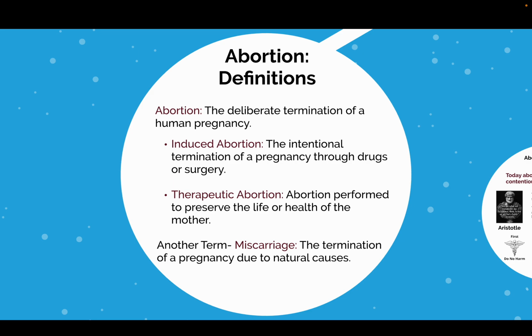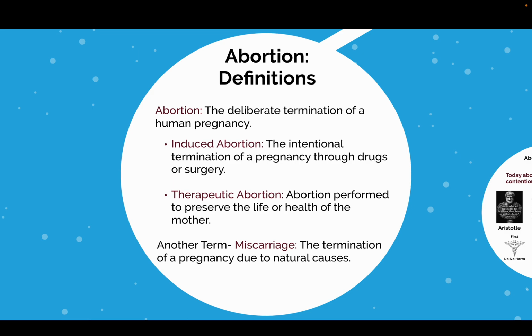And then there's another term that is often discussed when we're discussing abortions, and that is miscarriage. A miscarriage is the termination of a pregnancy due to natural causes outside of the control of the gestating parent.